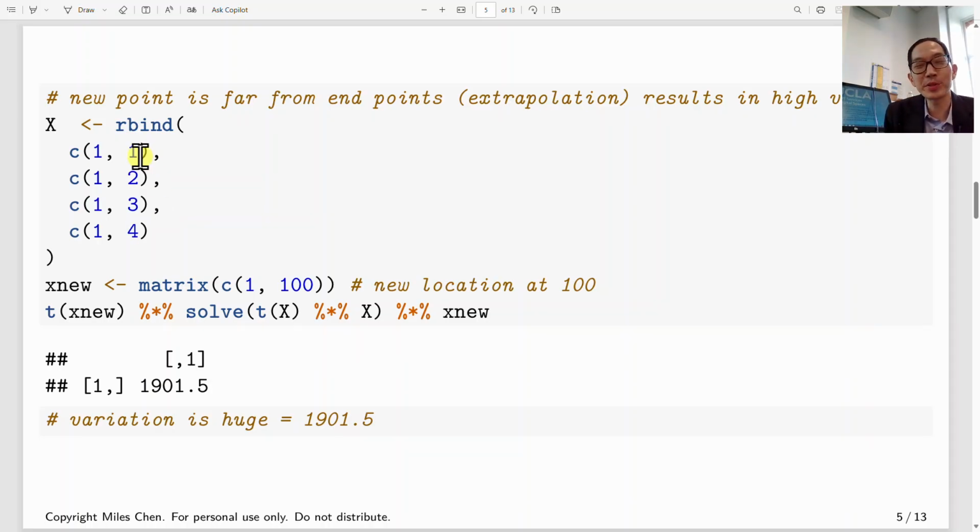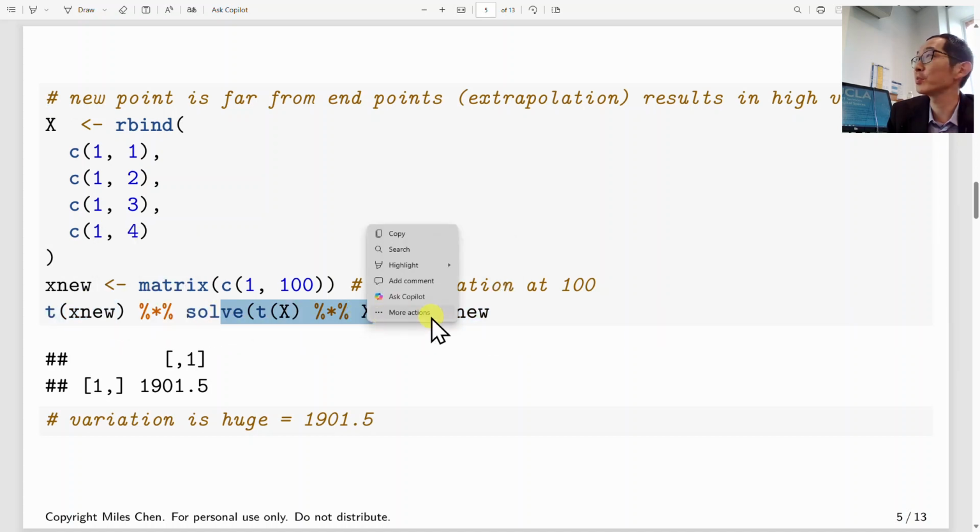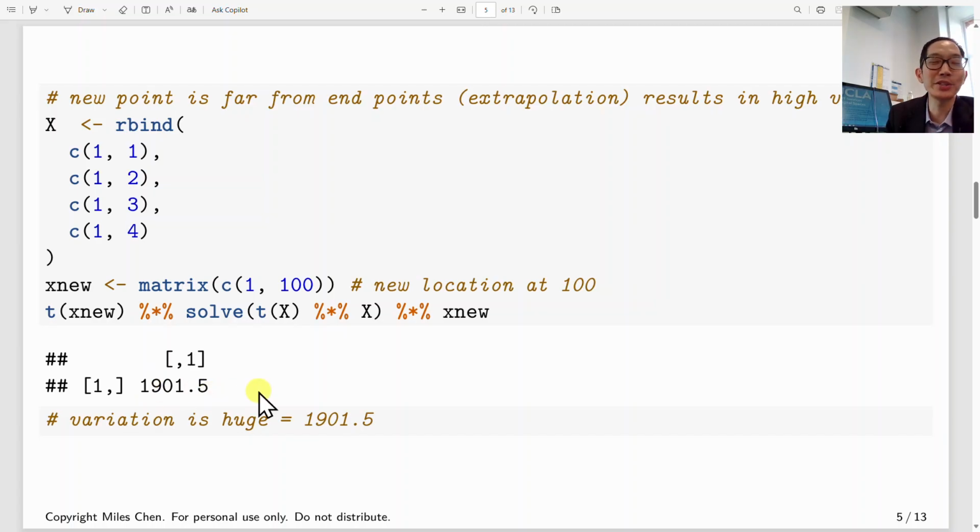So if your observed values of x are at x is 1, 2, 3, and 4, okay, and again, I take a random sample where my x values are 1, 2, 3, and 4, and you take a random sample where your values are 1, 2, 3, and 4, we're going to get different sample values. If we plug in a new observation at x is 100, and again, we're using the same thing, x new transpose times x transpose x inverse times x new, the variation in our predictions is going to be this huge number, 1,900, okay?